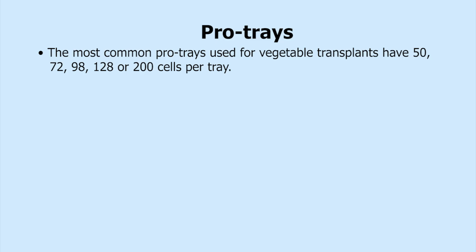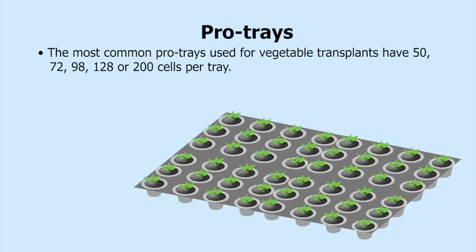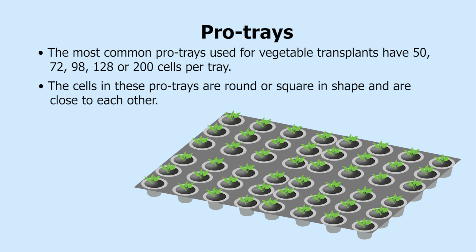The most common protrays used for vegetable transplants have 50, 72, 98, 128 or 200 cells per tray. The cells in these protrays are round or square in shape and are close to each other.